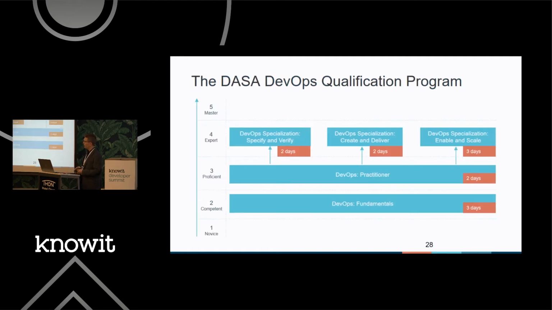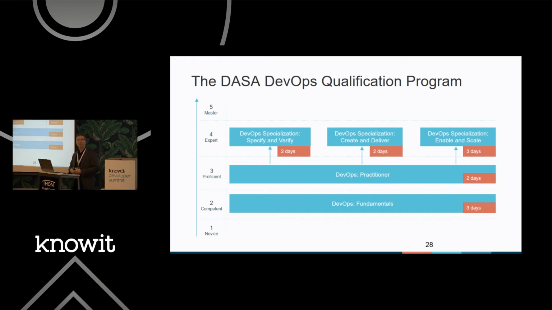And what DASA offers is a competence model where you can be novice, competent, proficient, expert, and even a master. And then to lead the way of developing the individuals in DevOps teams into being better is through a fundamentals level, a practitioner level, and then several expert level things.